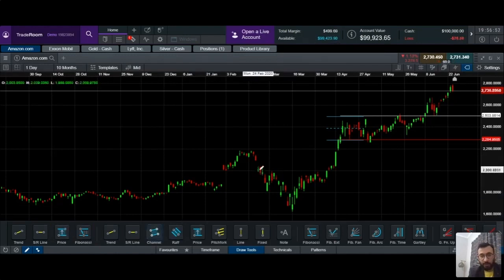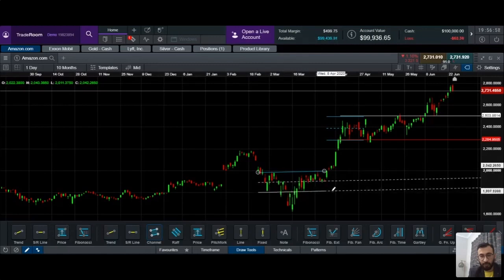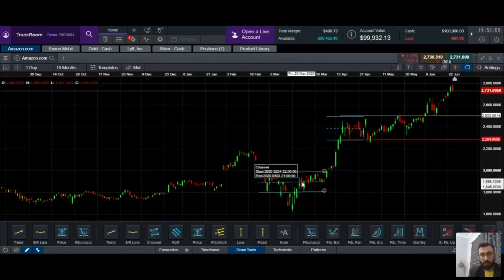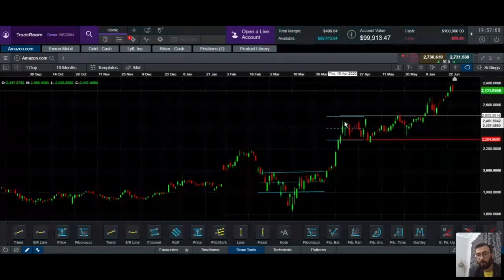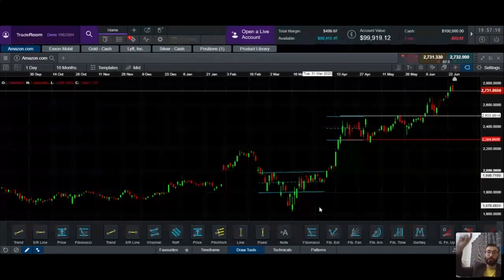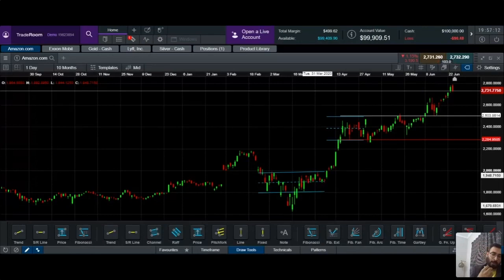I'm going to make another channel over here, with this and this. So over here again, look, this was the resistance going on. The moment the breakout happened at 2000, it went up to 2,450, another $450.